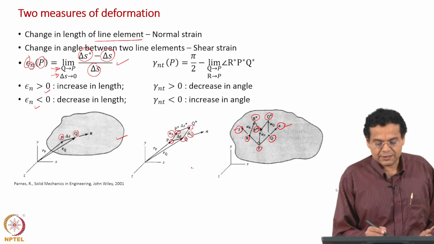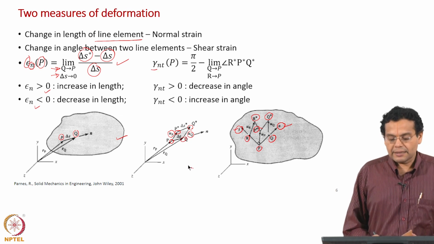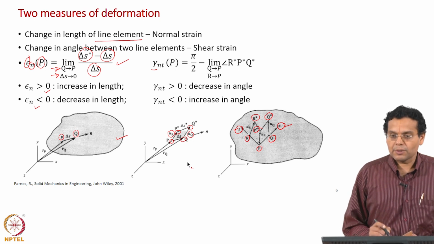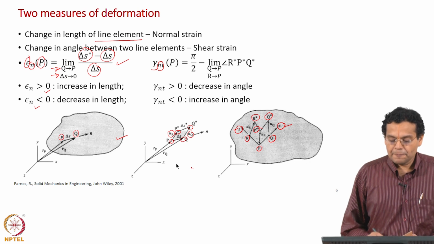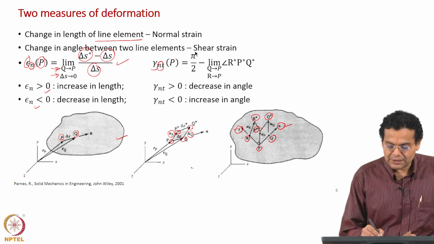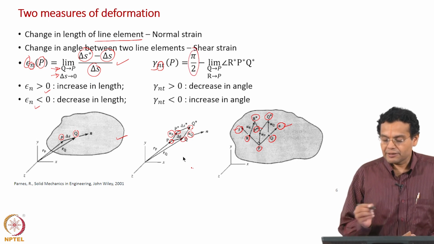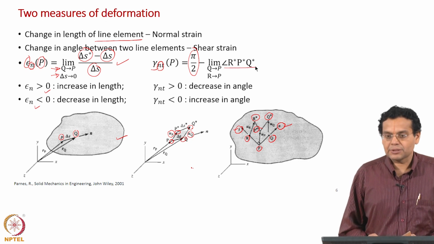Now, let us look at the definition. The shear strain is represented by the letter gamma. 2 subscripts are required. Subscripts are n and t, and I will come to that point P as we have discussed earlier. It tells about change in angle. The initial angle is pi by 2, the final angle is R star, P star, Q star.